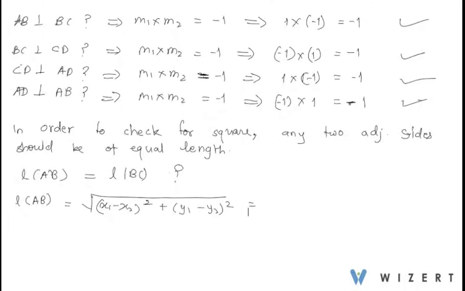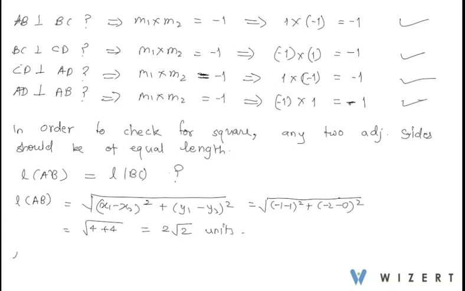So under root of (-2) whole square plus (-2) whole square. That is 4 and 4, so this is equal to 2 root 2 units.